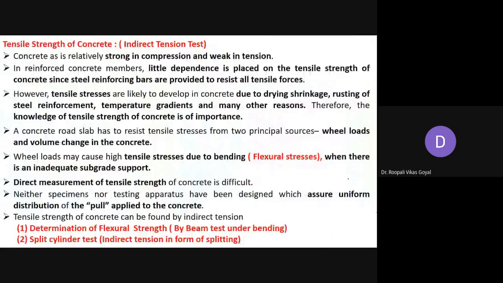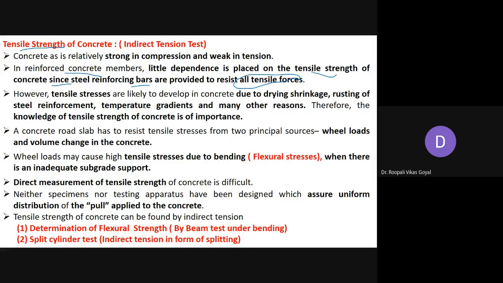Why is tensile strength very important? Because concrete is, as you know, strong in compression and weak in tension. Whenever we do RCC design, generally the tensile strength of the concrete is not considered, and the reinforcing bars that we provide resist the tensile force. But that doesn't mean that tensile stress is nothing.